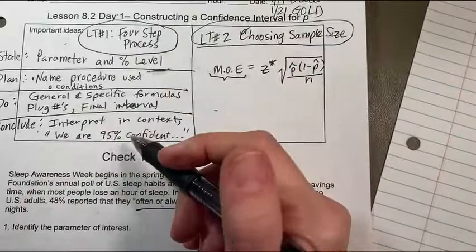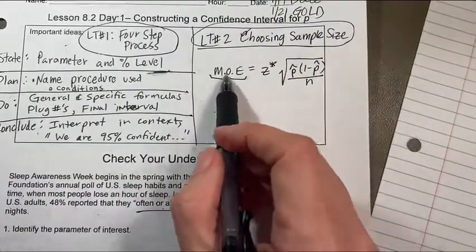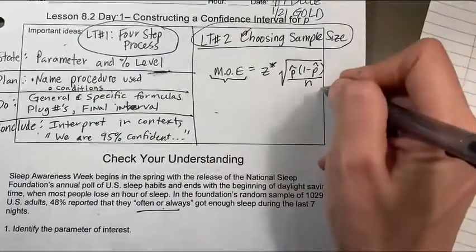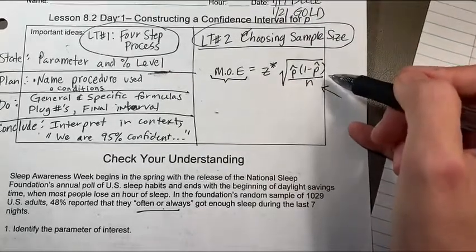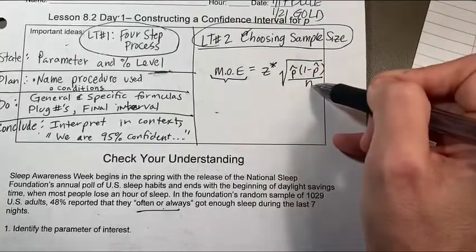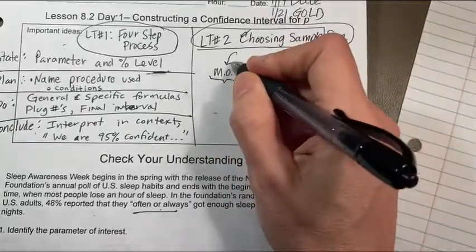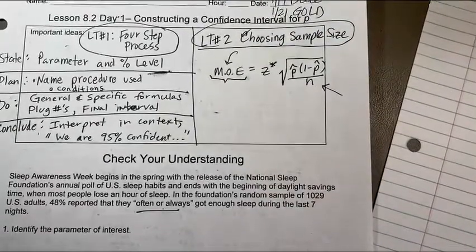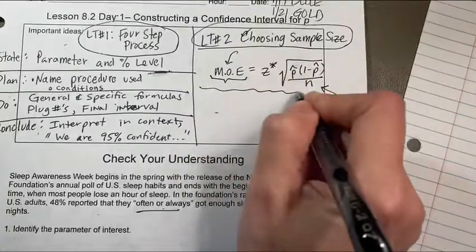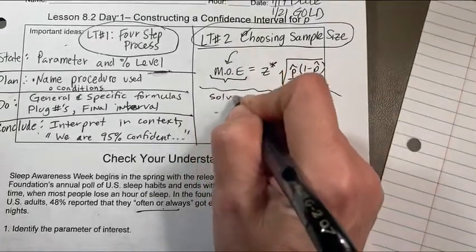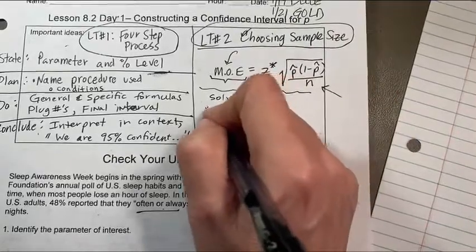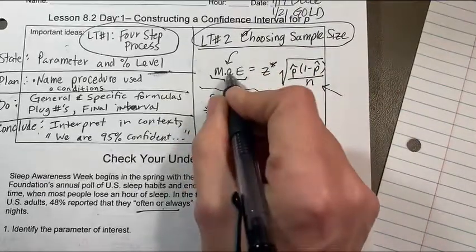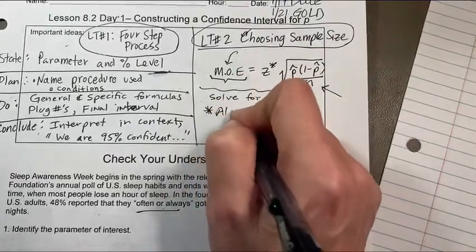And so we learned before, well, that's fine if you want it narrower, but you're going to have to increase the n. So algebra would allow us to solve for n if I had a specific margin of error I would like. So if we're going to be practicing that next class, we can solve for n, and that would be useful in the field if I wanted a specific margin of error I was shooting for.